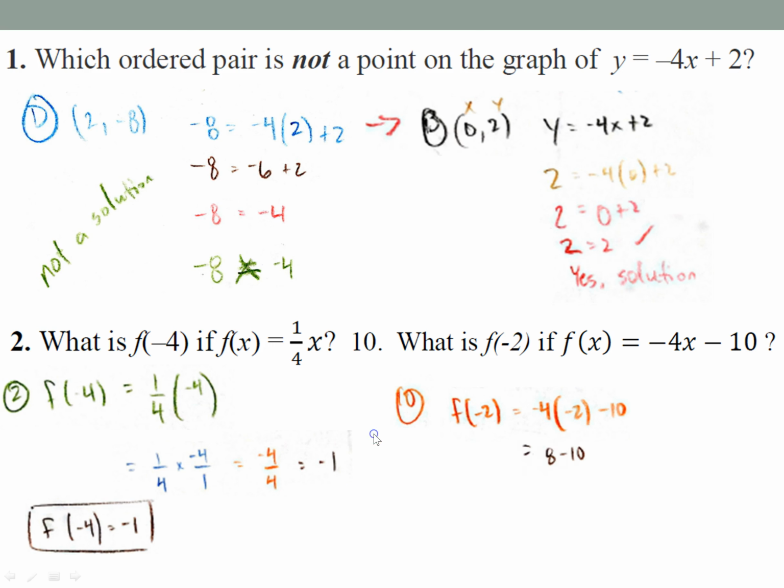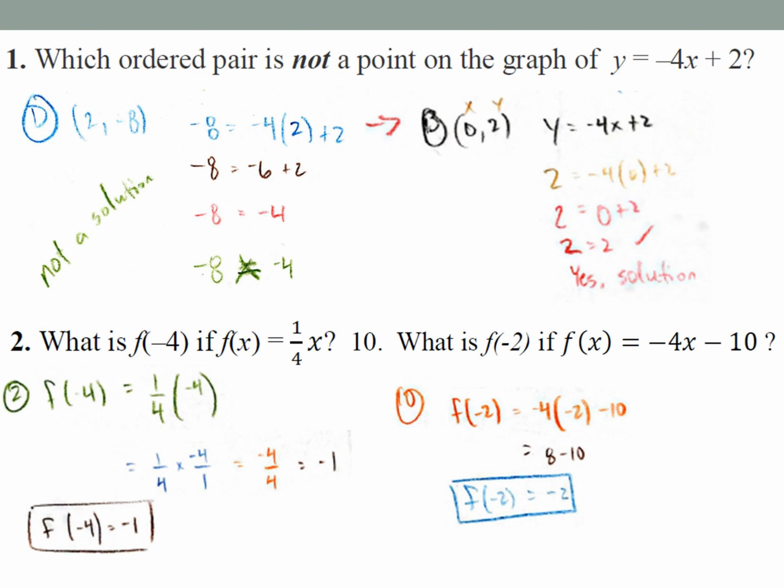I'm just going to start simplifying. Negative 4 times negative 2 is 8, and 8 minus 10, ironically, is actually negative 2. So f of negative 2 is equal to negative 2. I know, 2 and 10 are about the same thing.